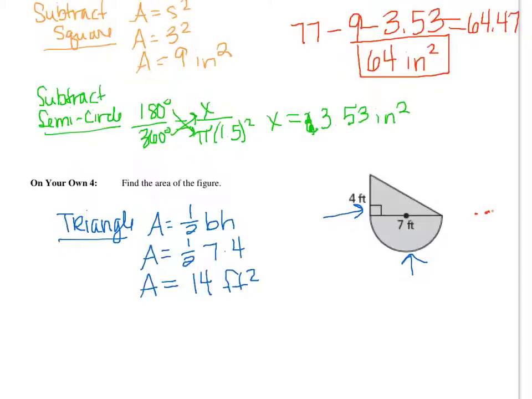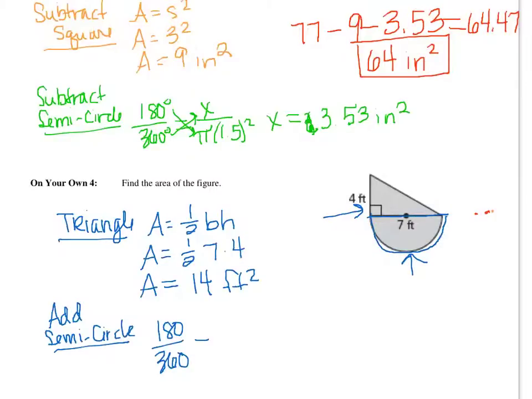Then we also have a semicircle, and we're going to add it because we want both of them. And for our semicircle, we know it's 180 degrees out of 360. And again, I know that because this is a diameter, so I know this length is 180 degrees. Equals the area of the semicircle, which we don't know, so x out of the area of the entire circle, which would be pi times the radius squared.